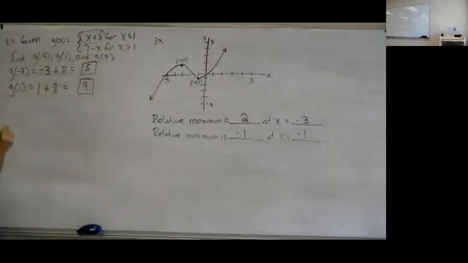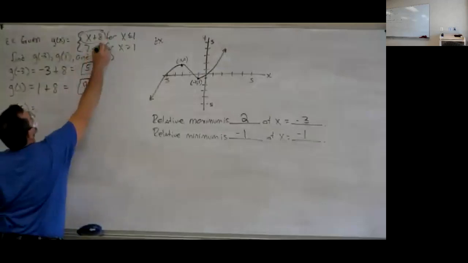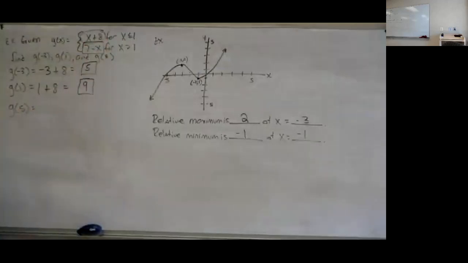And then finally, they wanted y'all to find g of 5. Well, this time, 5 is not less than or equal to 1. So I'm going to go to the second equation and see 5 is greater than 1 does make that one true. So this time I need to use the 7 minus x. So that'll be 7 minus my x, which is 5. So g of 5 is 2.